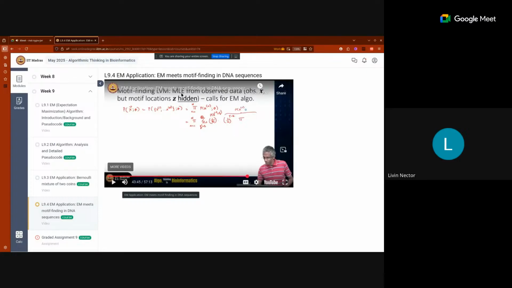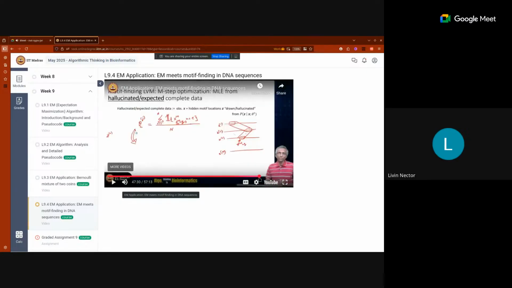So if we don't know the location, then we call for the EM algorithm. Once we find the position, then how we update the parameters is by this. It's like how we did the responsibility.